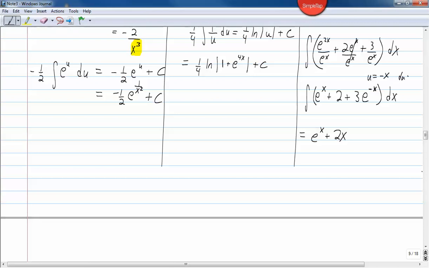So your du is what? Negative 1. So I just need to bring out the reciprocal of negative 1, which is negative 1. So it's going to be minus 3e to the negative x. This 3 just comes down. The minus is from the du. Then plus c. Okay?